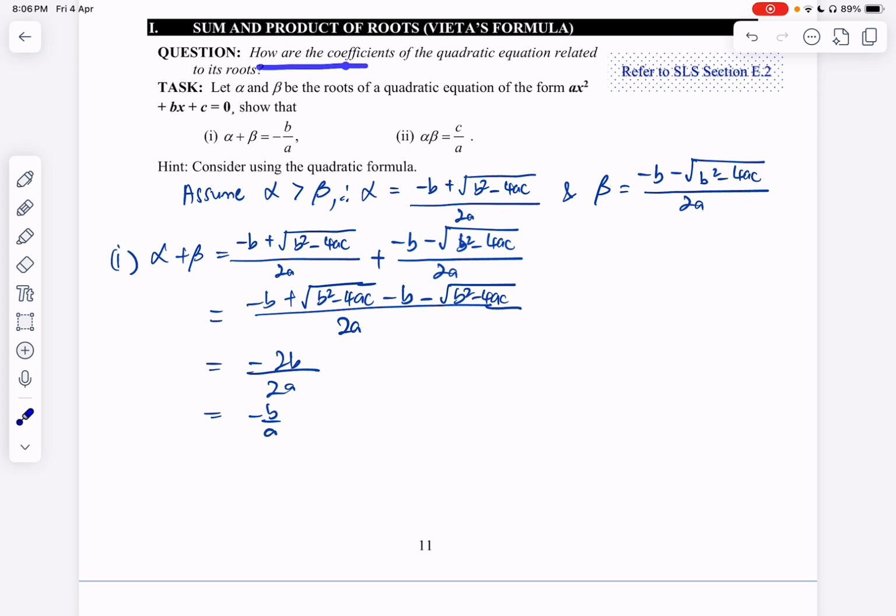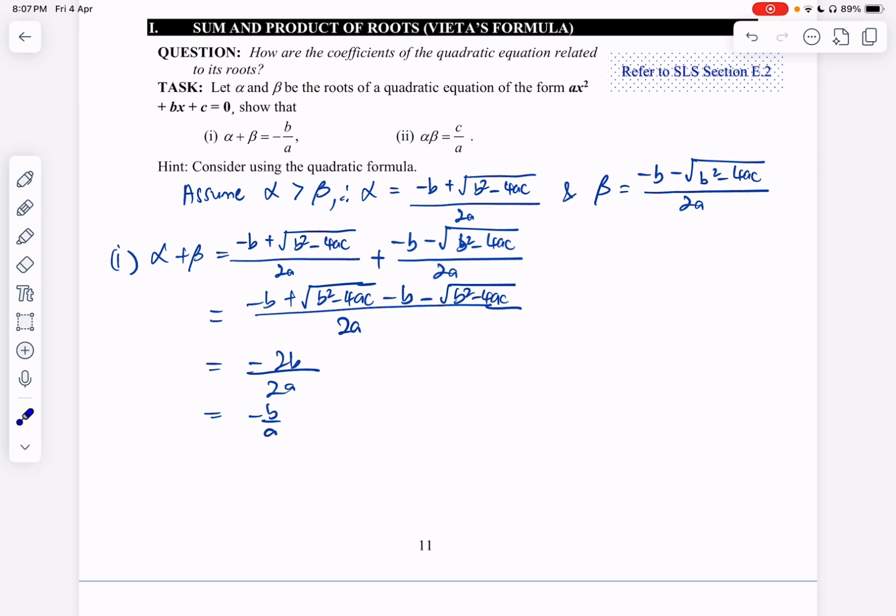The question is, how are the coefficients of the quadratic equation related to its roots? So we actually want to demonstrate how the general form ax squared plus bx plus c equals 0 is related to the roots. Right now, the premise is the roots are alpha and beta. We are telling you whatever the quadratic equation is, alpha and beta are its roots.